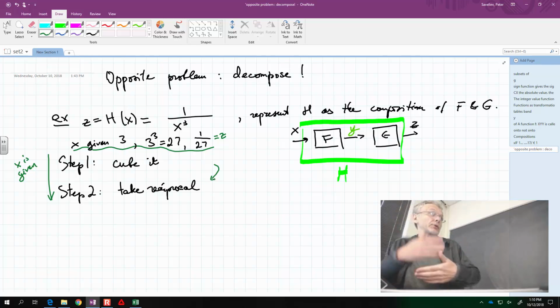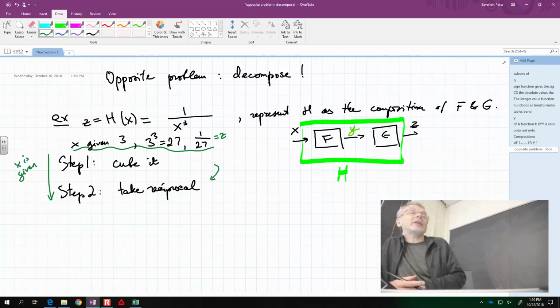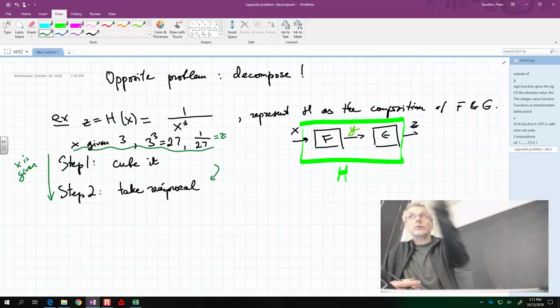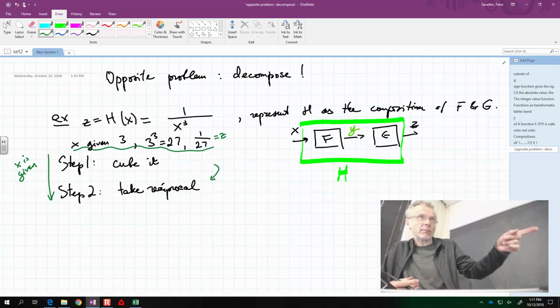You distribute the tasks and arrange them in a proper way. The first guy will not know what the second guy does. You'll tell him, this is you, the first guy. I'll give you a number, you cube it. Then you pass that number to the next guy. So you, Smith, pass it to Jones, and Jones, you will take the reciprocal of what you get from Smith. And then the result, pass it to me.